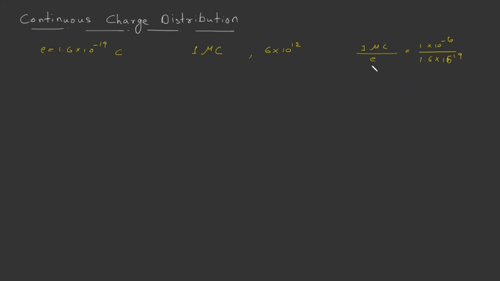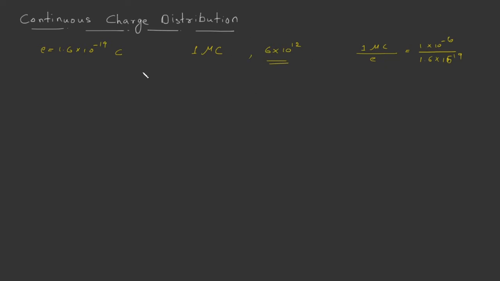So, 1 microcoulomb divided by e is equal to 6 into 10 raised to 12. So, if we are considering a very small measurement of 1 microcoulomb, then that itself consists of 6 into 10 raised to 12 number of electrons.